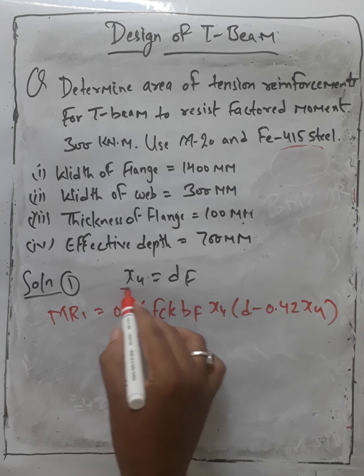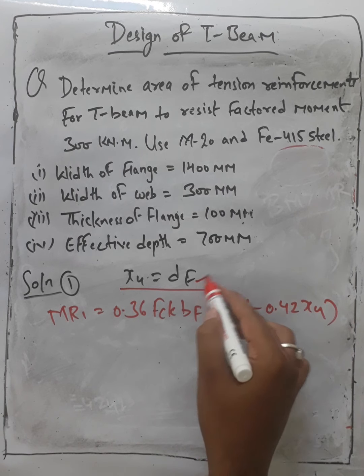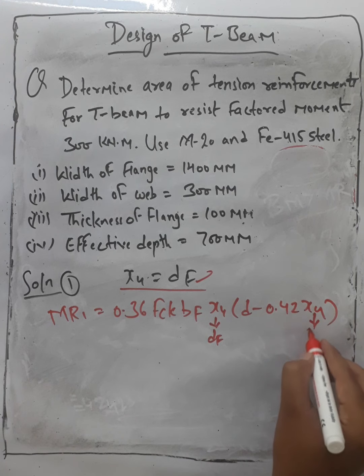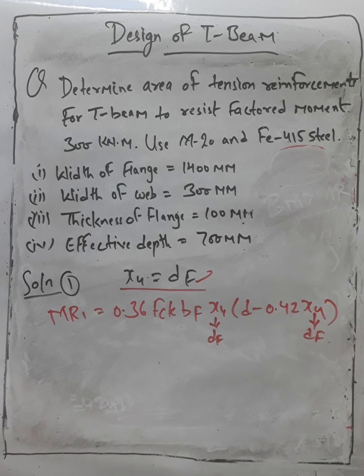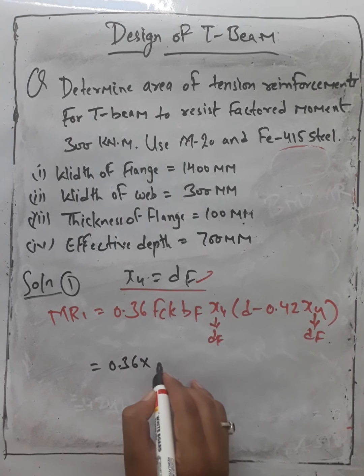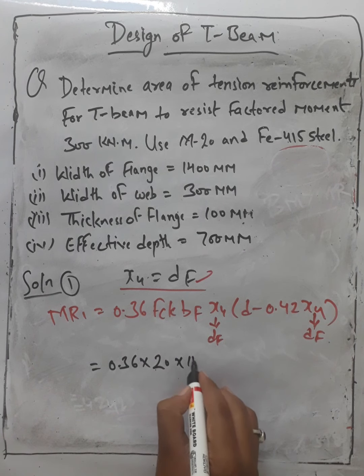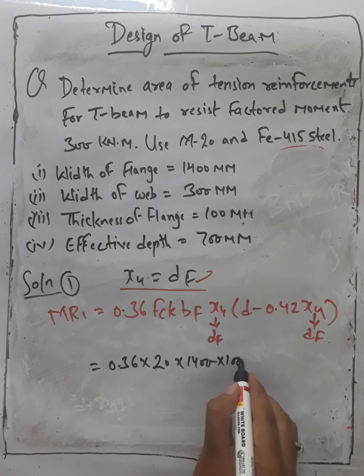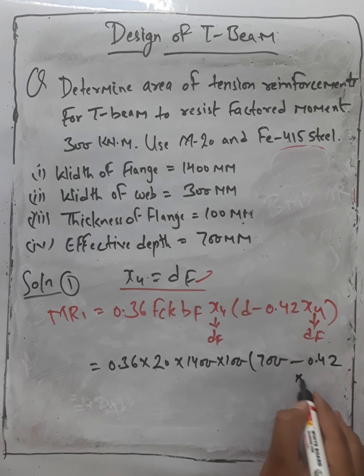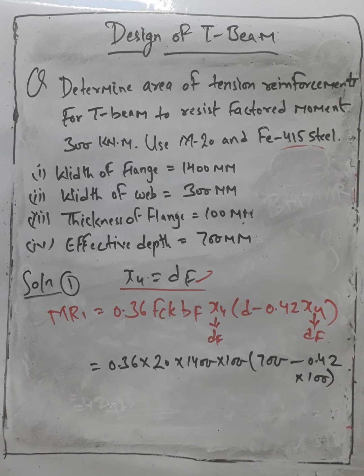But here we have not been given xu, but we have Df value. That's why here we change this xu with Df. If you change this xu with Df, you easily find the moment of resistance value. So 0.36 into 20 into 1400 into 100, (700 minus 0.42 into 100). This is our equation. Now we have to solve this equation.